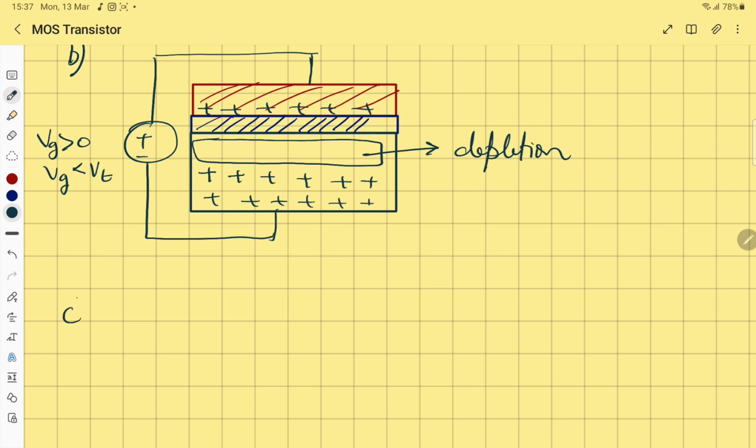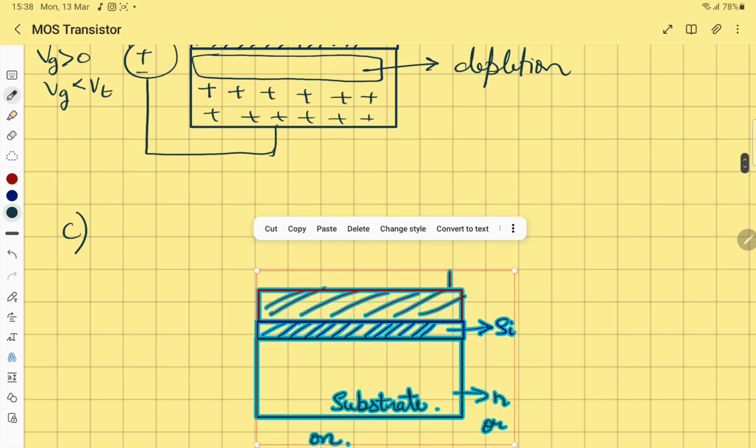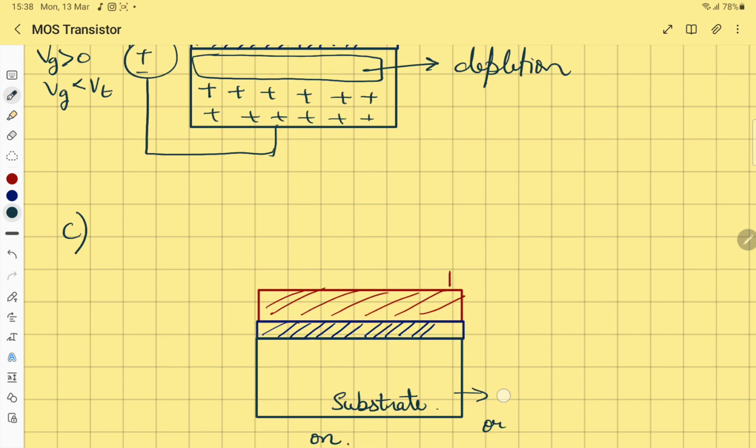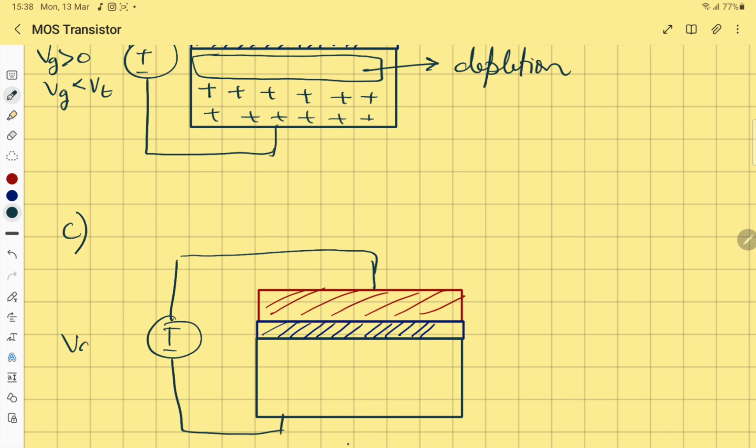Now we come to the third part. Let me again paste it. Okay, just removing these. Now what will happen in the third part? This battery is again positive. The voltage VG is again positive, but it is now greater than the threshold that we have defined. Threshold is any arbitrary number. We'll explain in the later series why this threshold is coming.